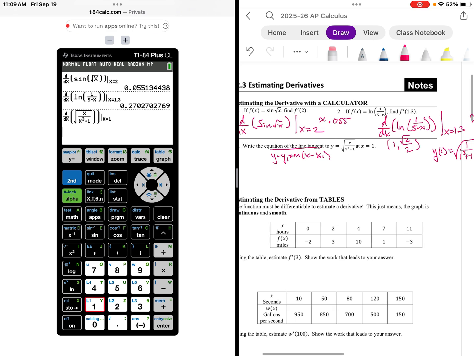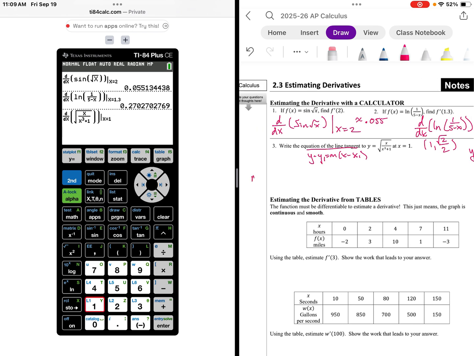All right, so for our slope, we're doing the d dx of the square root of x over x cubed plus 1, evaluated at x equals 1. And that is approximately negative 0.177.